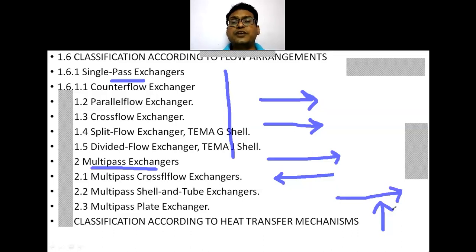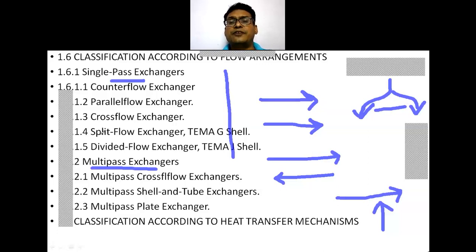And split flow exchanger, that is, the flow is split in two ways or three ways. So I'm putting a certain plate here. This plate splits the flow.